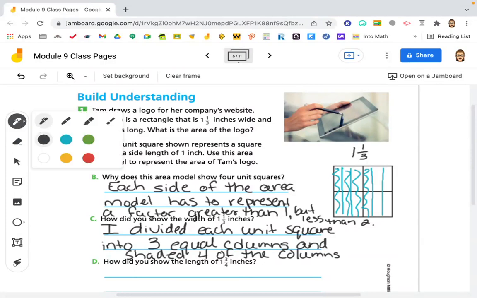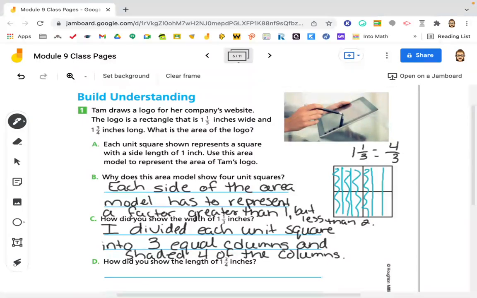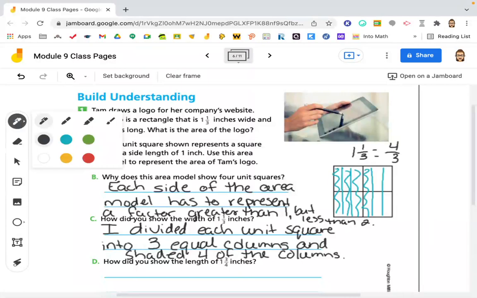Because what we're seeing with shading the 4 of the columns is that this is the same thing as 4/3. So this says, how did you show the length of 1 3/4 inches?